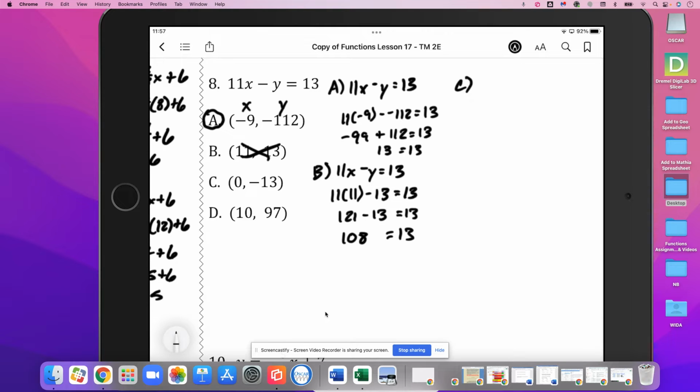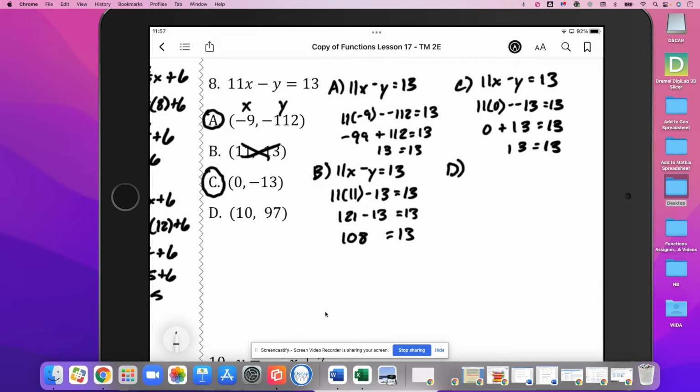For C, we got 11 times 0 minus a negative 13 equals 13. That's going to be 0. The two negatives will make a positive. Plus 13 equals 13. So 13 equals 13. C. And D. 11x minus y equals 13.